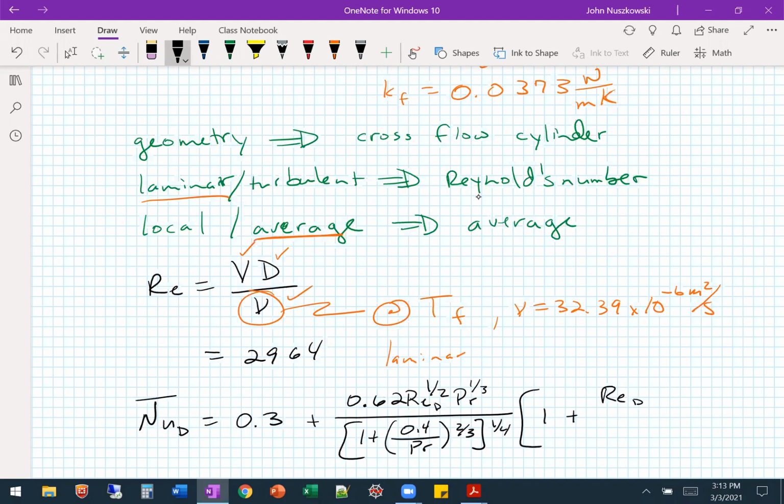All right, so we write this giant equation down. And we're finally done writing it. This is equation 7.54.